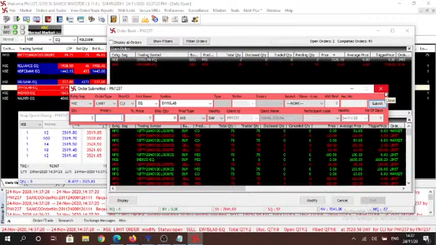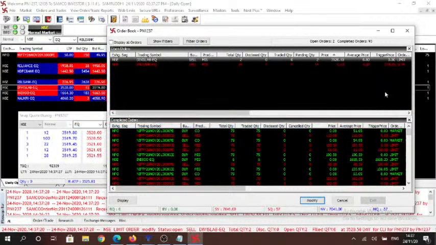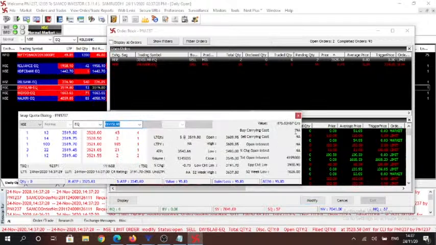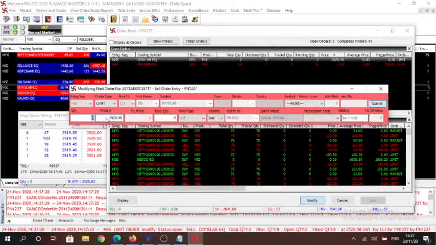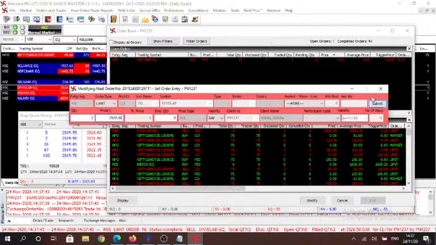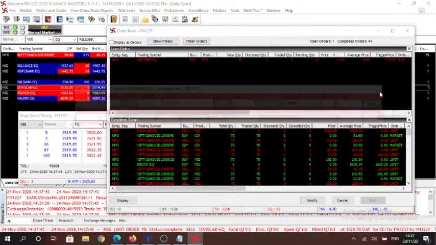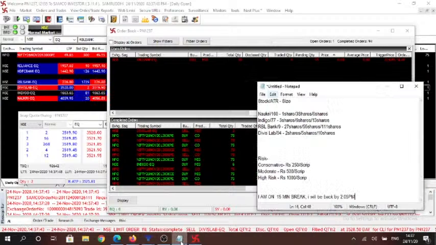It should get filled now. We have been filled 2 shares. Since our entry price was 3524, we have 4 rupees slippage.